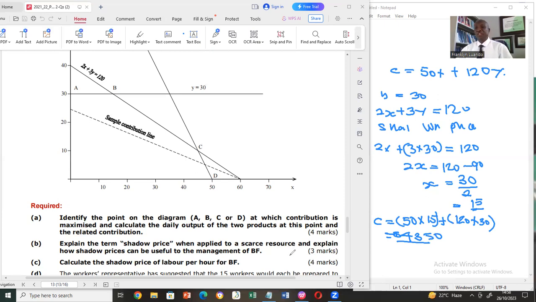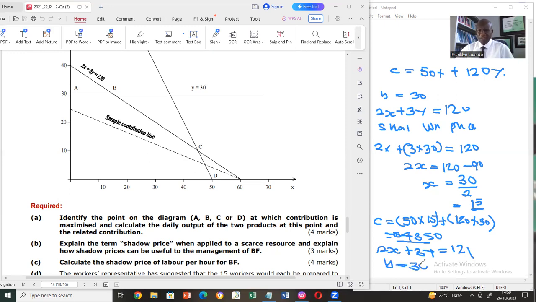Now, to find the shadow price, since we are told that labor is a limiting factor, what happens if we make available 1 unit of the scarce resource? The formula now will be 2x plus 3y is equal to 121, because we have made a scarce resource available. The y is not a limiting factor there.